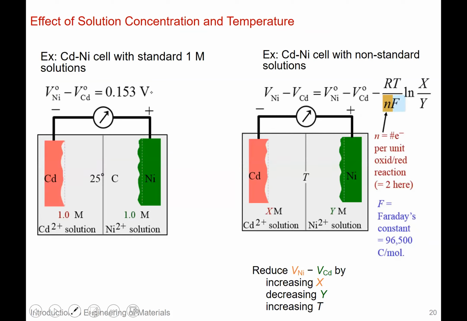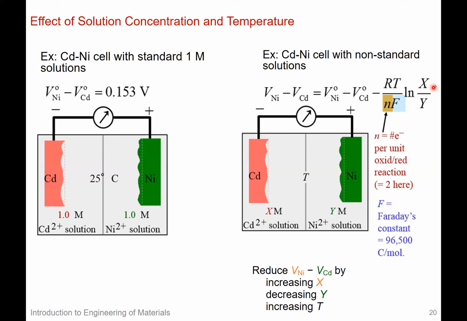And I'll just talk briefly about solution concentrations. I know before we talked about 1 molar standard. If you deviate away from these standard conditions, that's fine. You just have to take into account this perturbation term, where you take the natural log of the relative concentration in the solution. So not a big deal. Basically, you take the difference and then you tack on this term to take into account temperature and also concentration differences.